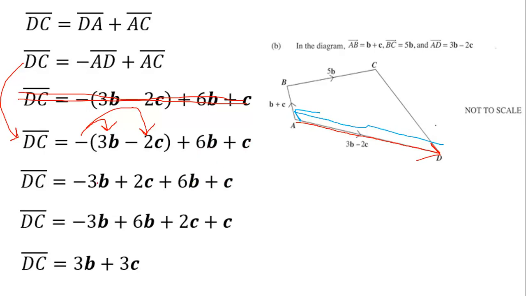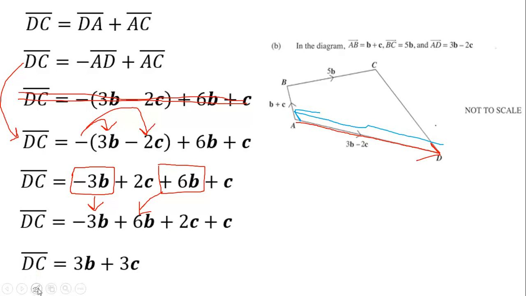All right, so what are we going to do next? Next, let us group our like terms. We see that we have 3B here, negative 3B here, so let's bring that down. And we notice that we have a positive 6B here, so we're going to bring that over together with the negative 3B.